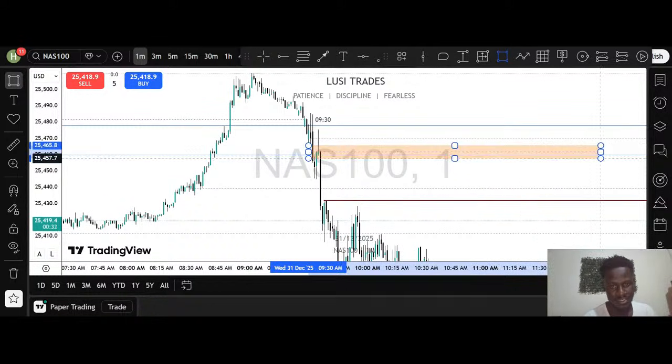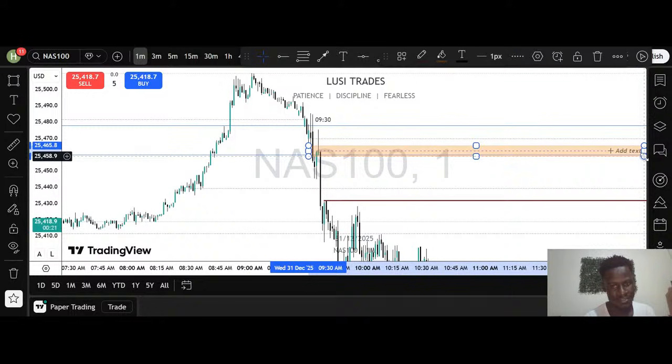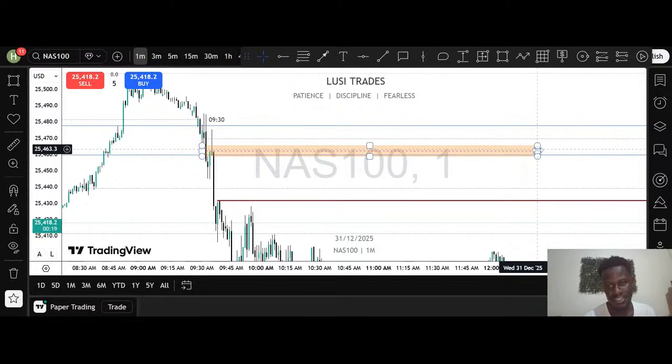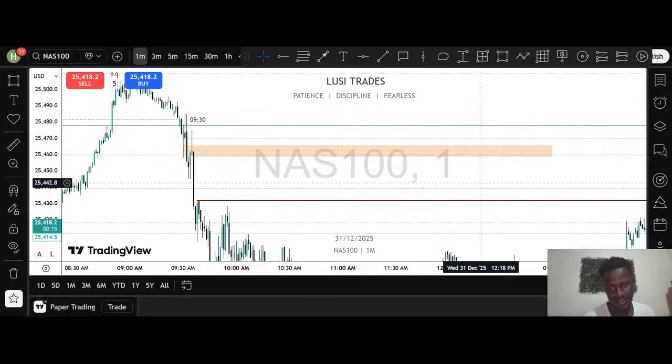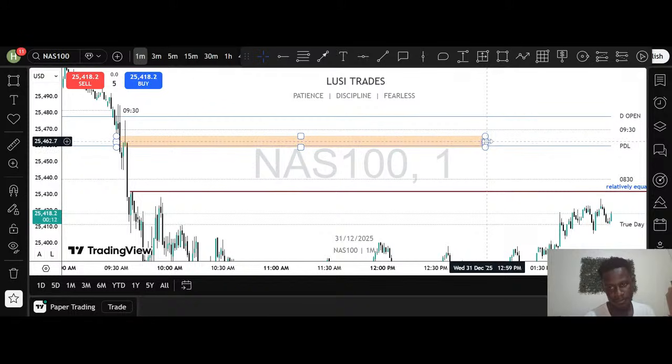So first presented fair value gap, and also I guess price really traded back into maybe Monday's first presented fair value gap and probably Tuesday's first presented fair value gap, because those two levels were relatively close also.